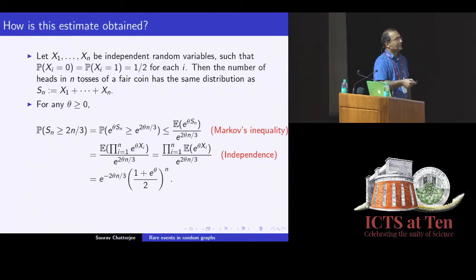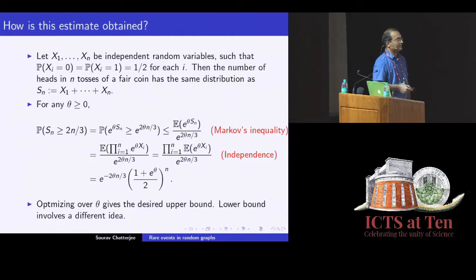Then you write e to the theta Sn as a product of e to the theta xi because of the definition of Sn. Then you use independence to express this expectation as a product of expectations. These are simple objects which you can compute explicitly, and then you get this bound. So this is an upper bound on this probability.